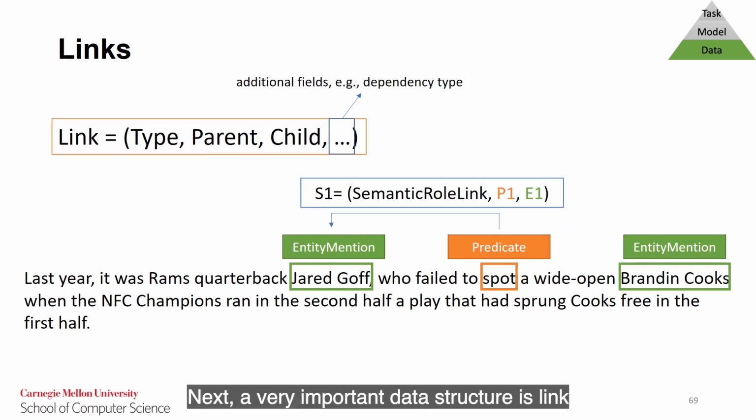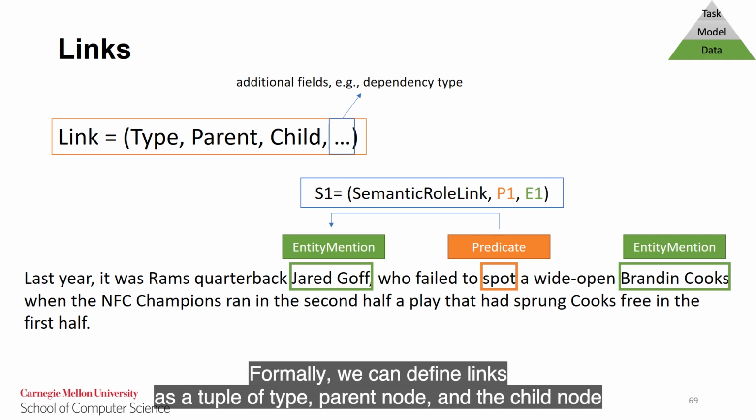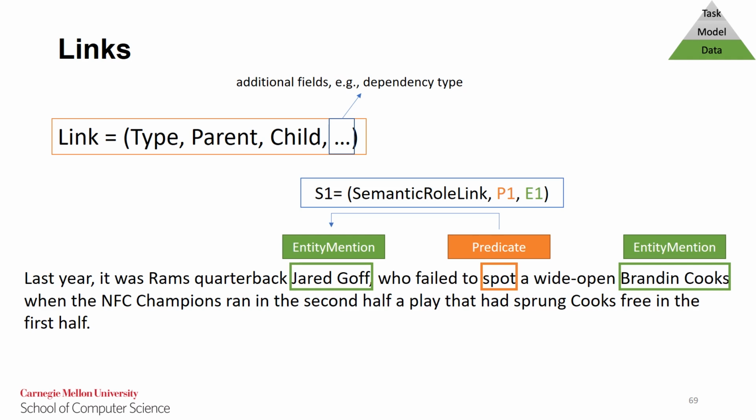The next very important data structure is link. A link is essentially a typed connection between two objects. Formally, we can define links as a tuple of type, parent node, and child node.